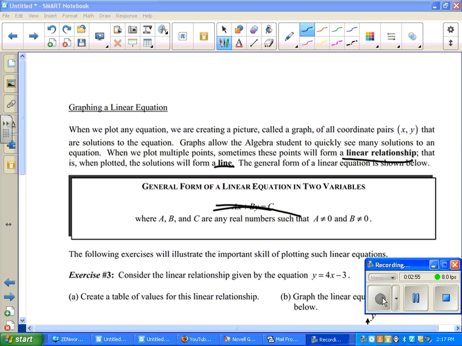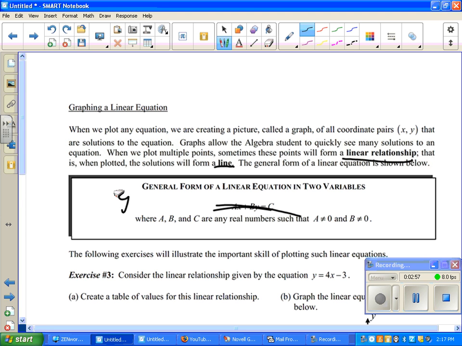Now what we use, and what you're very familiar with, the form of a line, is y equals mx plus b, where m is the what? Slope. Not slop, but slope.